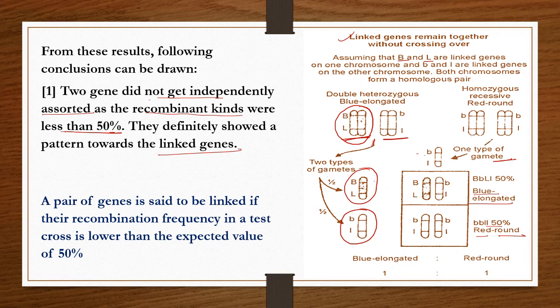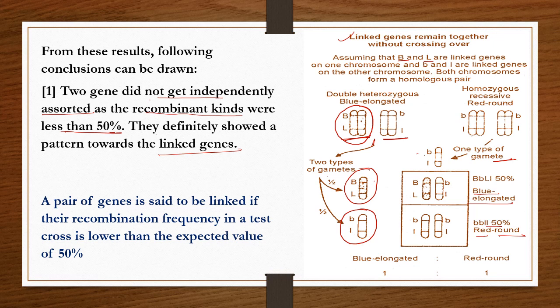So if genes are linked together, linkage is stronger when genes are very close. That means when the distance is less, linkage is more, and crossing over is absent.